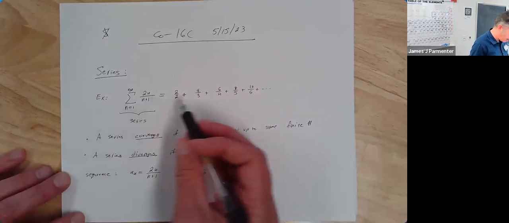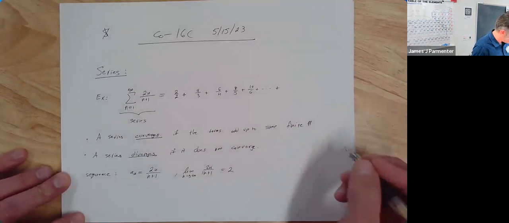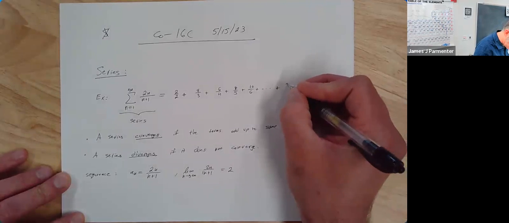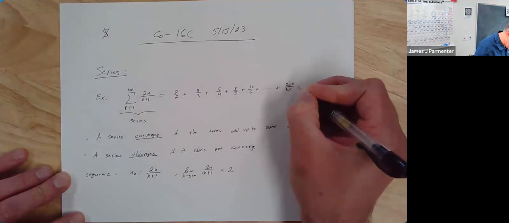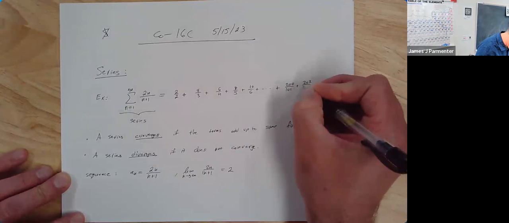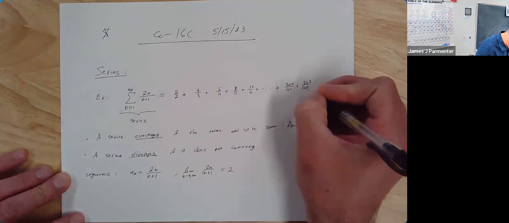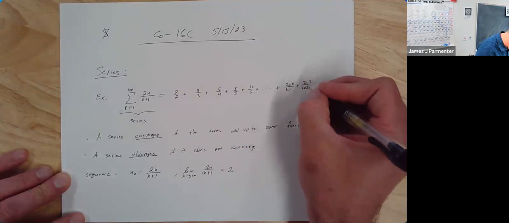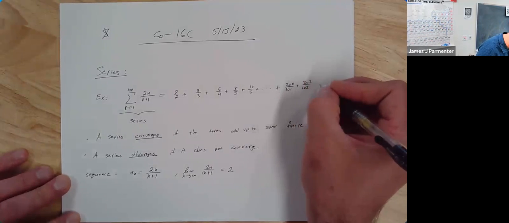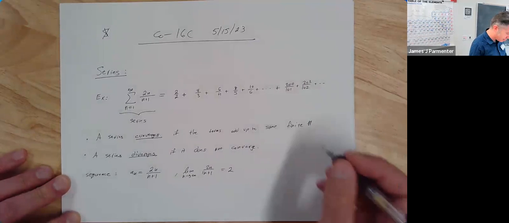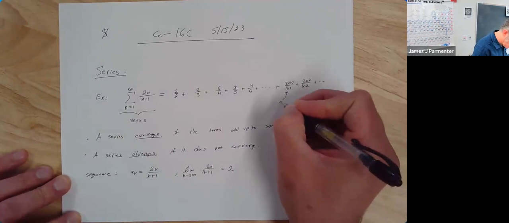Way out here, like the 100th term, say 200 over 101, plus 202 over 102, these terms are pretty much 2.